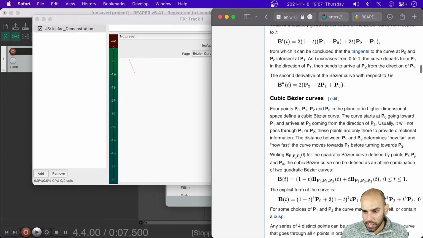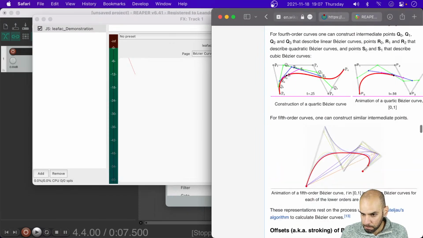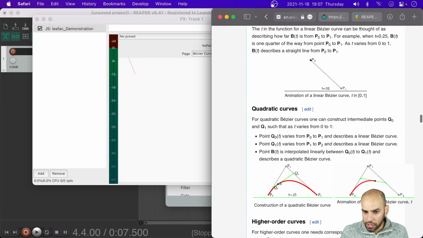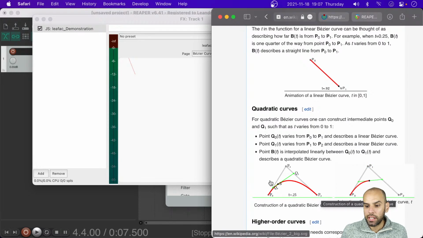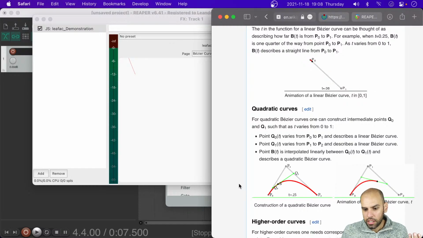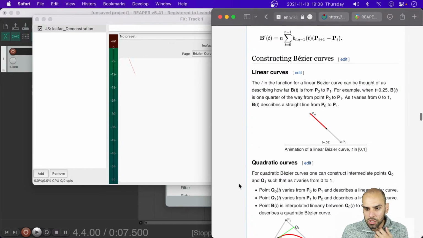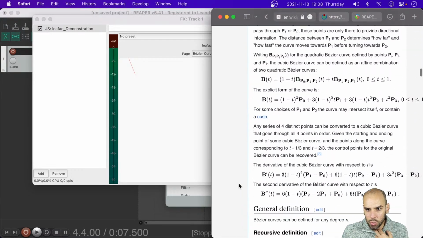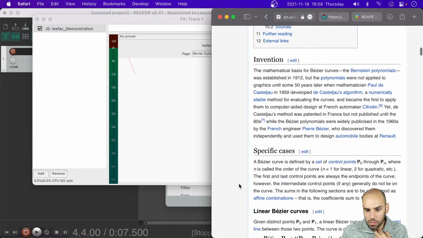Let's do a quadratic Bezier. Well, the quadratic Bezier needs 3 control points, and the way you build a quadratic Bezier is actually kind of interesting because it's based on the linear Bezier used twice. And if you're wondering why it's called quadratic and cubic and so forth, it is because of the formulas and the way that they have squares and cubes.